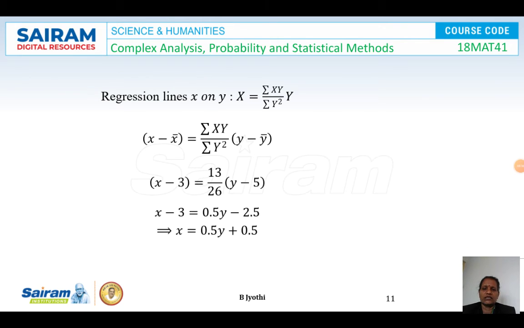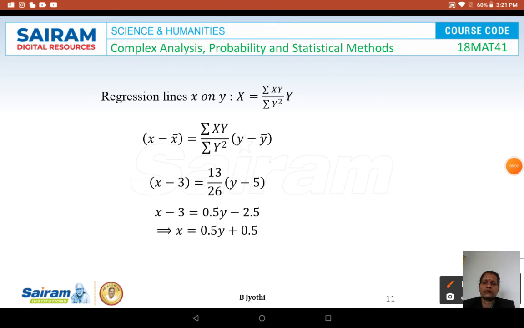Similarly, we can calculate x on y, which is given by the formula capital X is equal to summation xy by summation y square into capital Y, where capital X is given by x minus x bar and capital Y is given by y minus y bar.